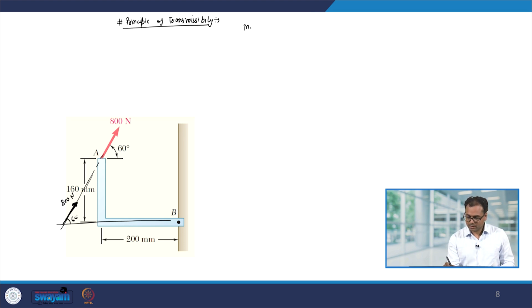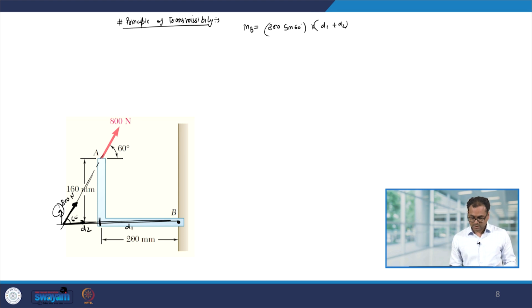Now, the moment about B will be, this force we can break into the x and y components. So, the x component will not contribute because its moment about B will be 0. So, the only moment that is going to contribute is the y component of the force. So, the moment will be 800 sin 60 degrees multiplied by d1 plus d2.